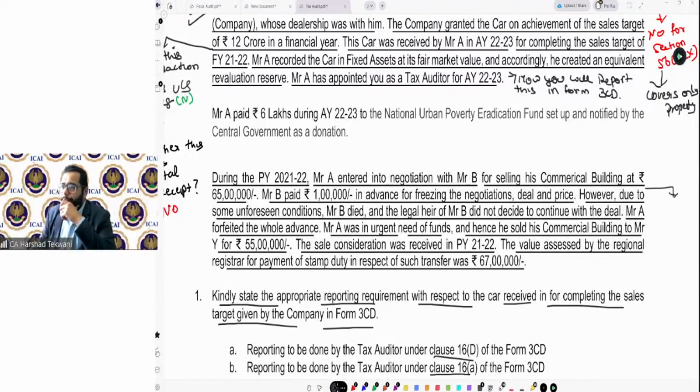Come on, guys. Where will I report this transaction? If I have to report this transaction in Form 3CD, where will I do it?